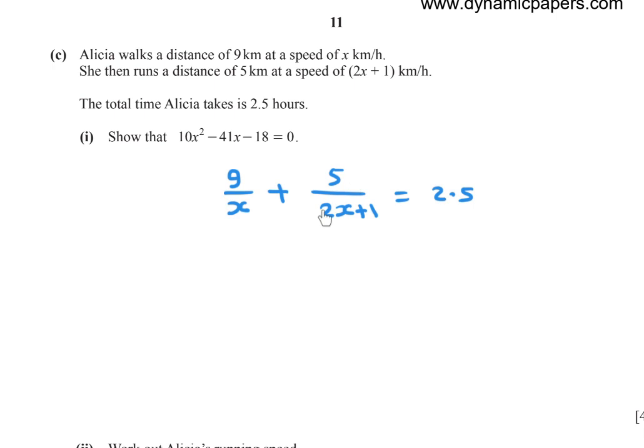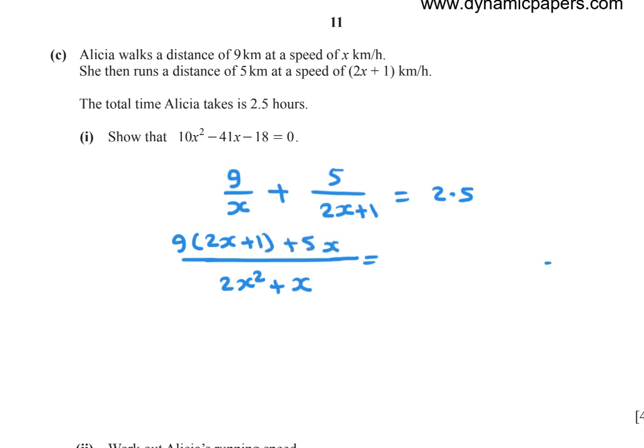Now add the two algebraic fractions. Multiply the denominators first. x times 2x, 2x squared, and x times 1 equals x. Then cross multiply to find the numerator: 9 times 2x plus 1, plus 5 times x.